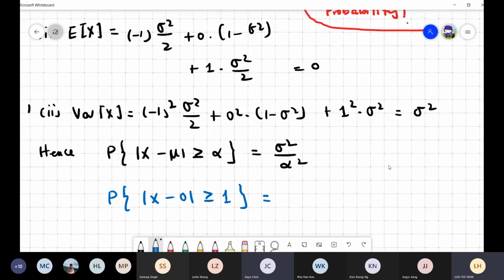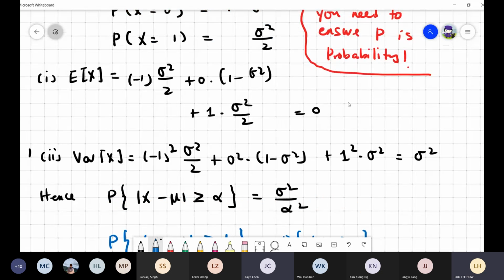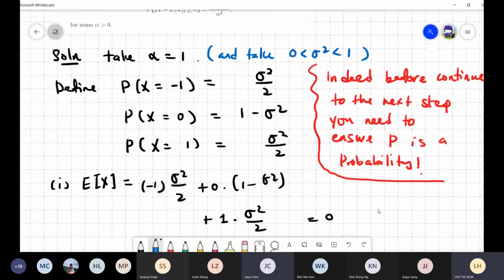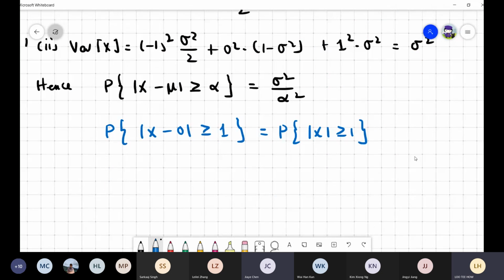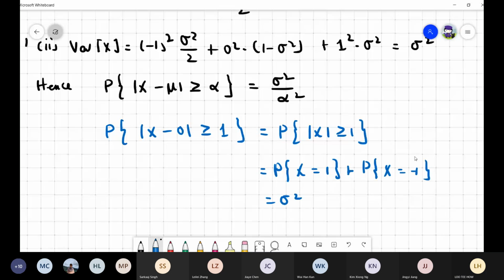This part is actually P of X greater than or equal to 1 in absolute value. So when this is greater than 0, that is actually these two cases, right? So this is P(X = 1) plus P(X = -1). That's why this equals sigma square.